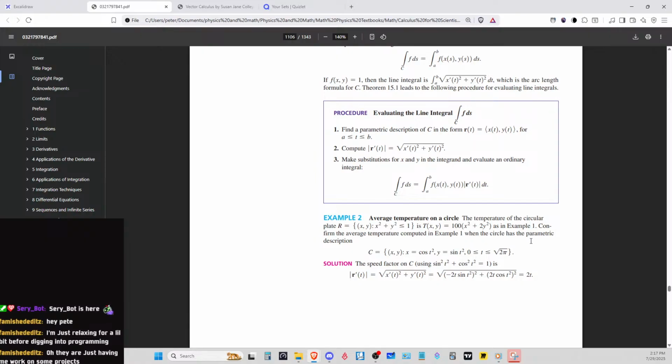So I'm wondering why it's a t squared. Oh, okay, maybe it's because of this.